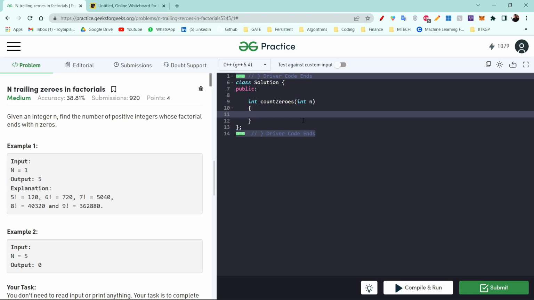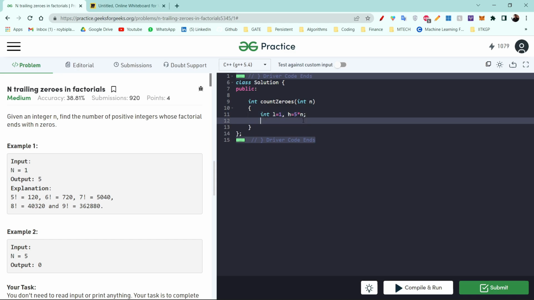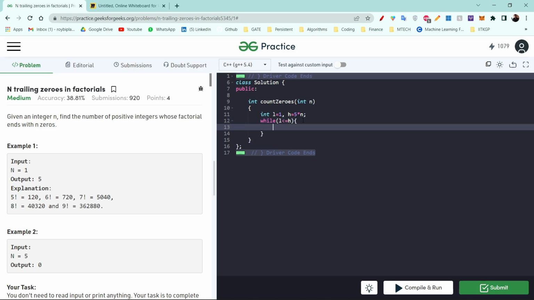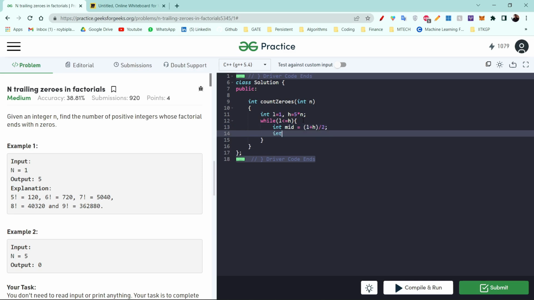So let's implement our code. We will have a low of 1 and a high of 5 into n. While low is less than or equal to high, we calculate our mid, that is low plus high by 2, and then we count zeros of mid.